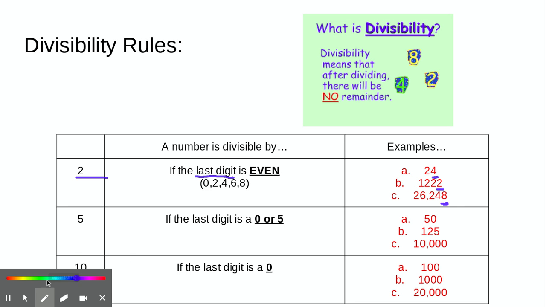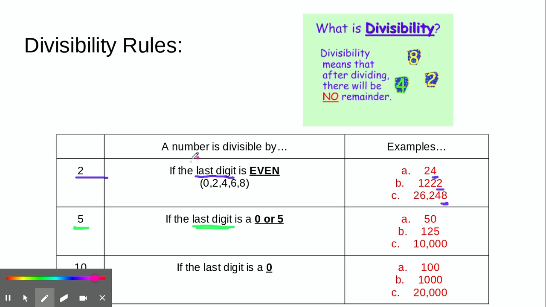And then we know a number is divisible by 5 if the last digit is a 0 or a 5. Some examples of numbers divisible by 5 would be 50, 125, and 10,000.